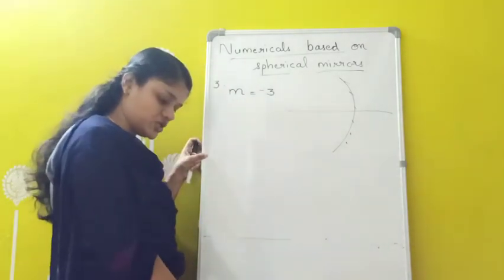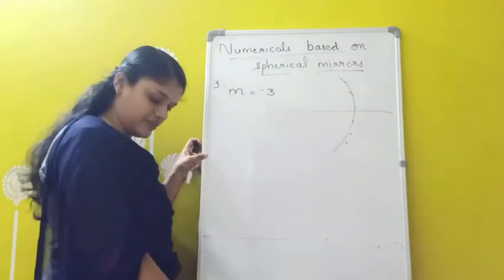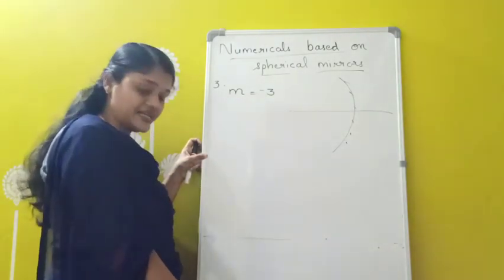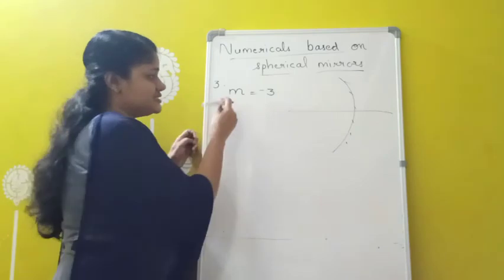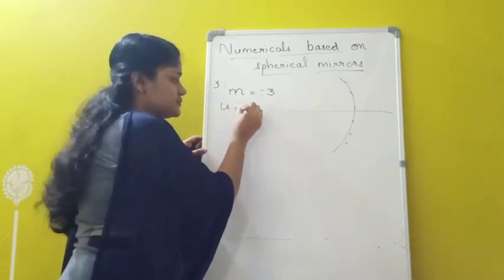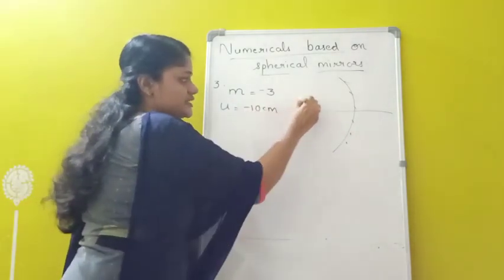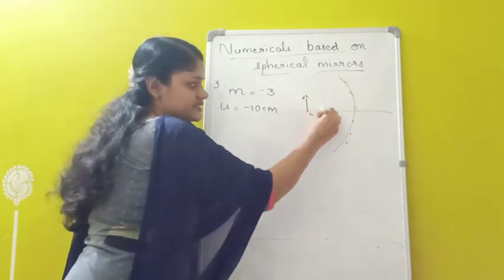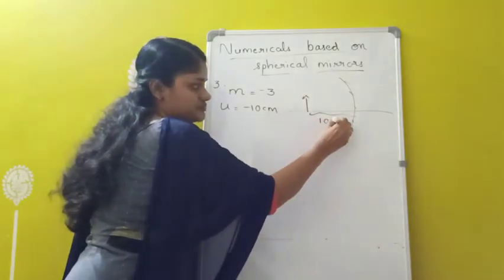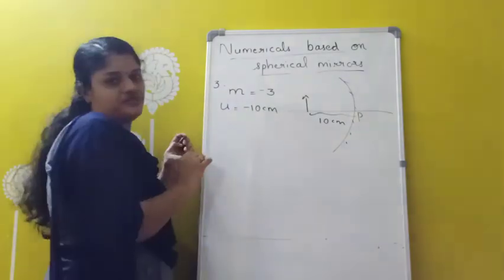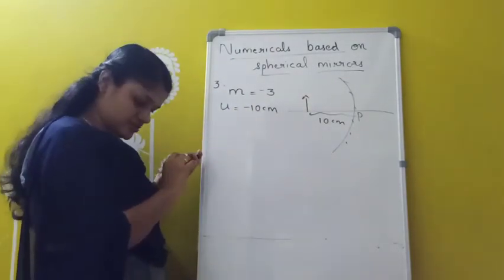A concave mirror produces 3 times magnified real image of an object placed at 10 cm in front of it. So the object distance is 10 centimeter. Here is the object, this much is 10 centimeter. U is always minus, that we know. So the object distance we already know.